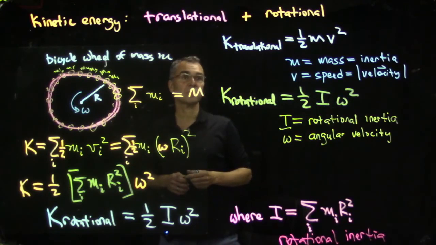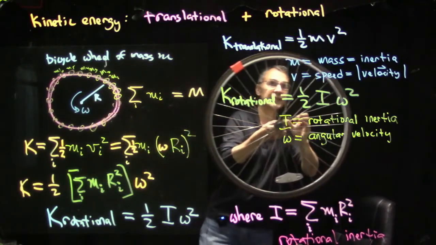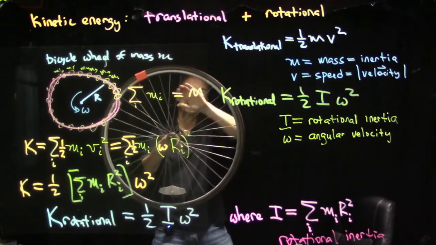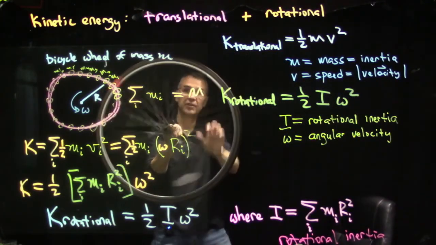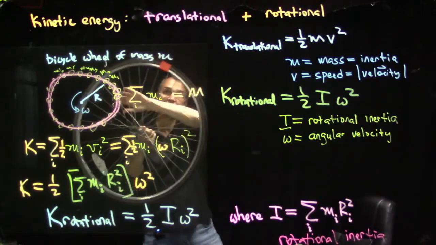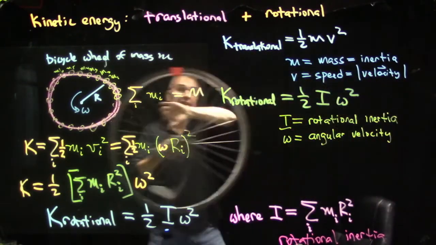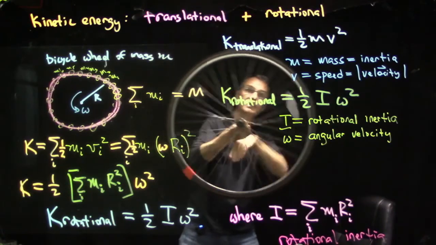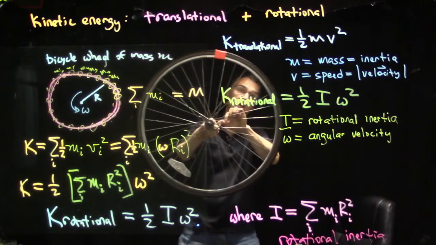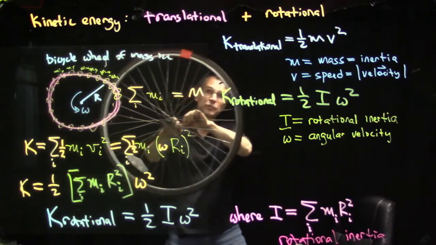So my bicycle wheel can be simply moving without rotating like this, and it could do that in any direction. Or it can be rotating with its center of mass fixed like this. But normally if I'm riding my bicycle down the street, then the bicycle wheel is rolling without slipping, and in that case it is both rotating and translating. The center of mass of the wheel is moving at some velocity.